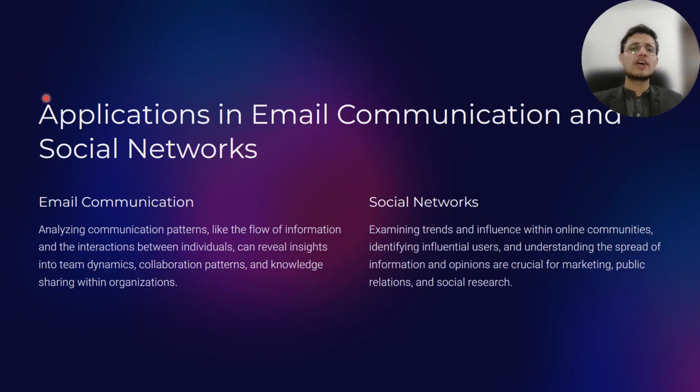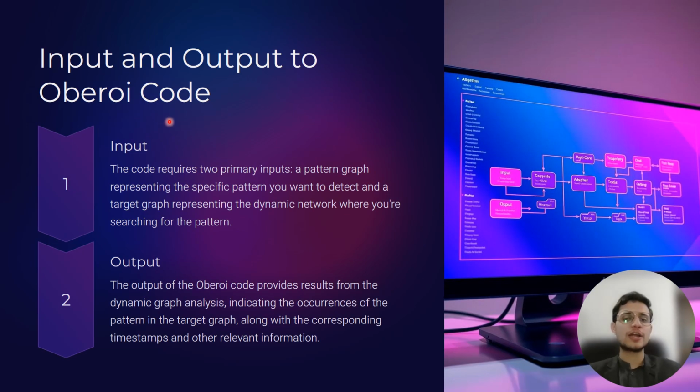Let's get back to the real-life applications of Oberoi's algorithm or the VF3 algorithm. It's used in email communication and social networks. Let's discuss the input and output of Oberoi's code. The input it uses is, first, the pattern graph, and second, the target graph representing the dynamic network where you are searching for the pattern.